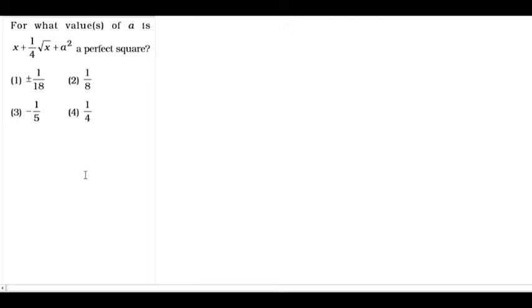For what values of a is the expression x plus 1 by 4 root x plus a square a perfect square? So this has to be expressed in some roots. So let's try to express this in some quadratic expression. So this will be root x whole square this side, then 2 into, we get root x, but here they have given 1 by 4.